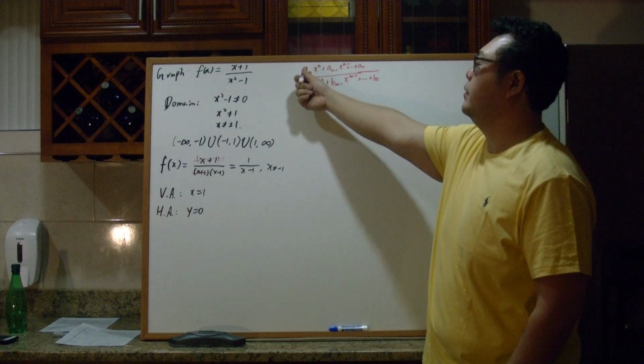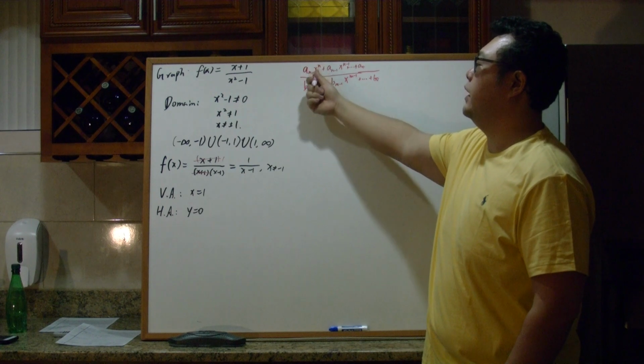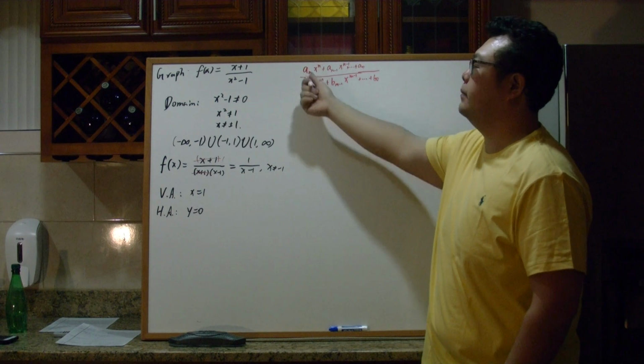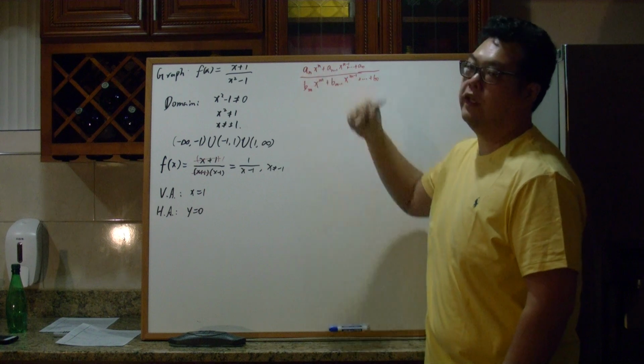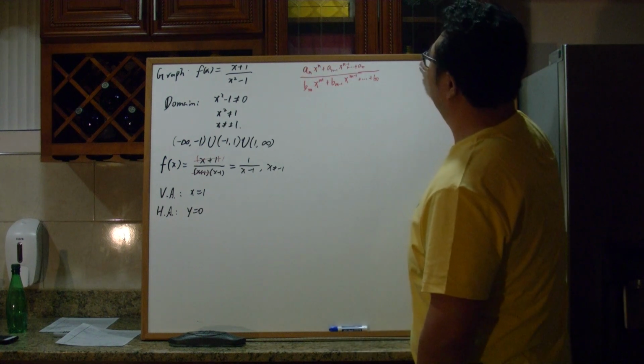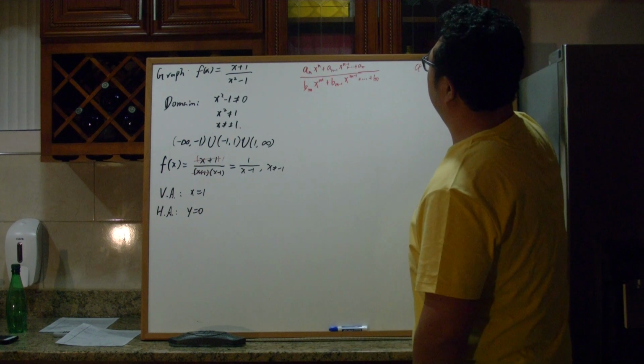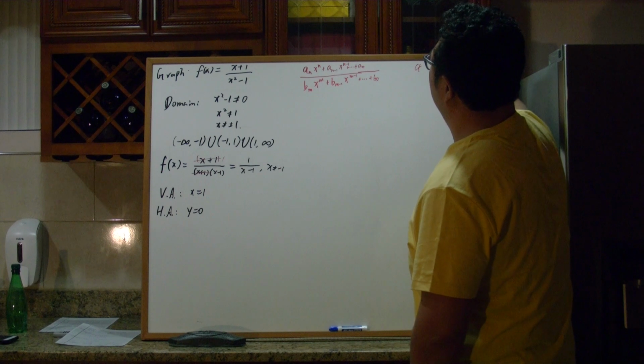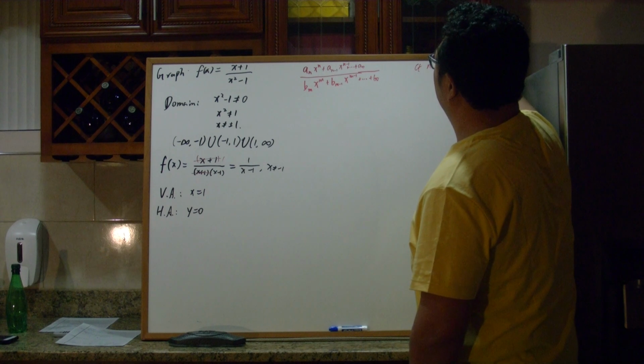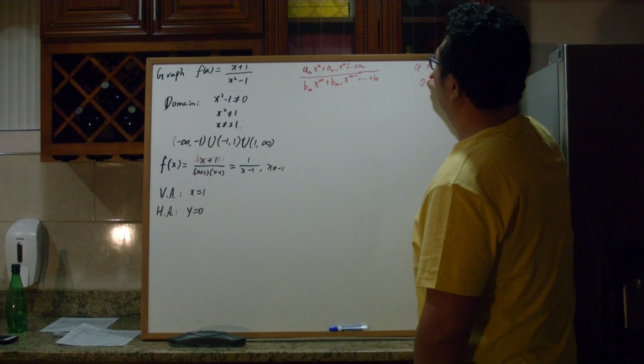The leading terms are a_n x to the nth power and b_m x to the mth power, with coefficients a_n and b_m. So there are 3 cases. If n is bigger than m, no horizontal asymptote exists.